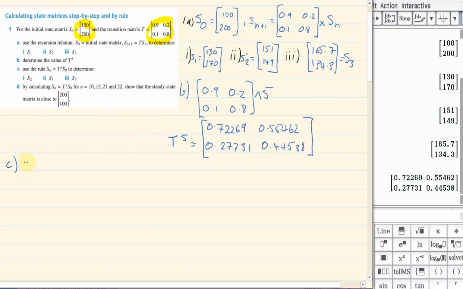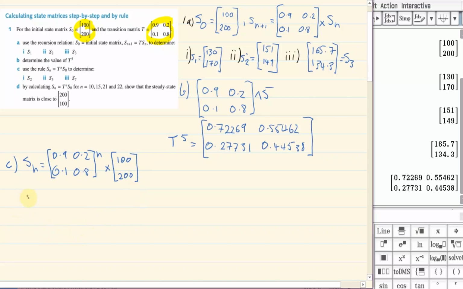So let's write that out: Sn is equal to the matrix 0.9, 0.2, 0.1, 0.8, to the power of n, times the initial state matrix, which is 100 and 200.